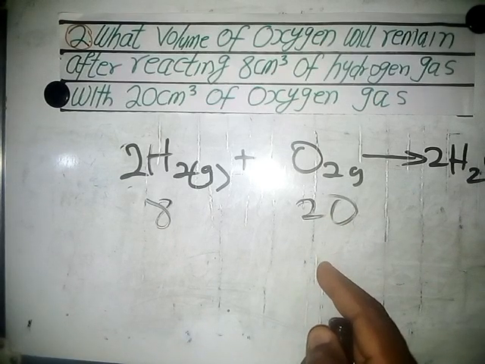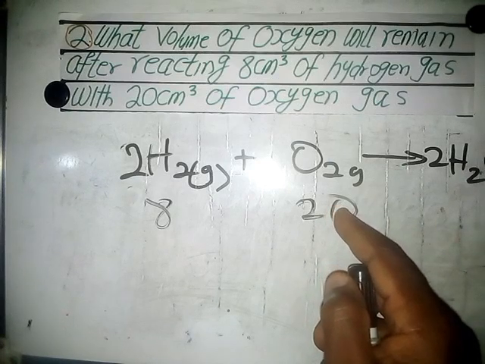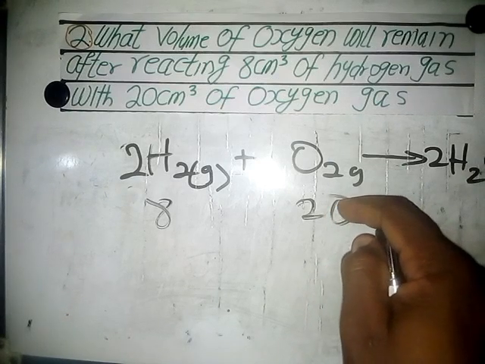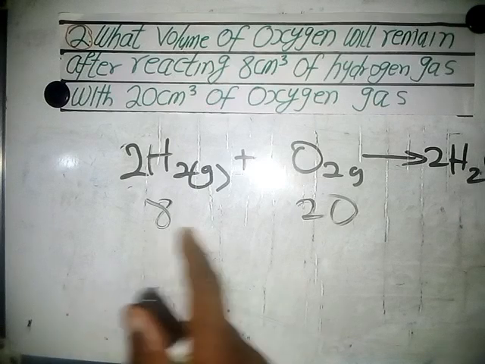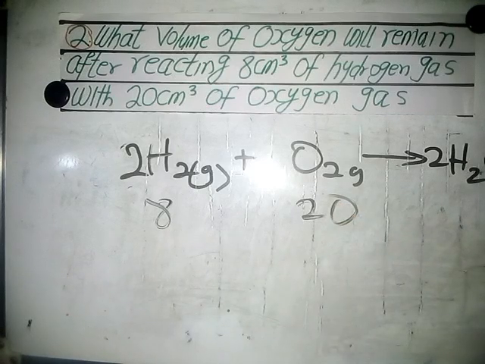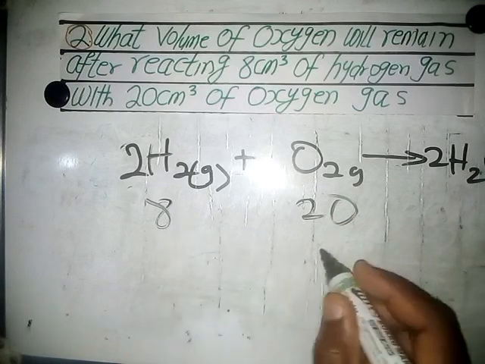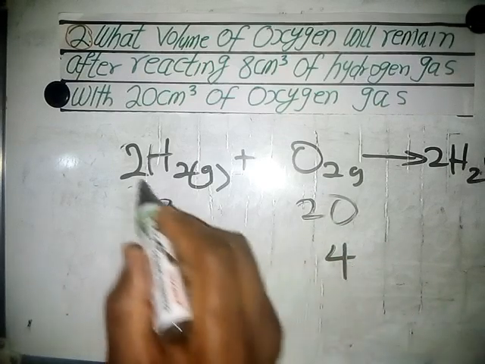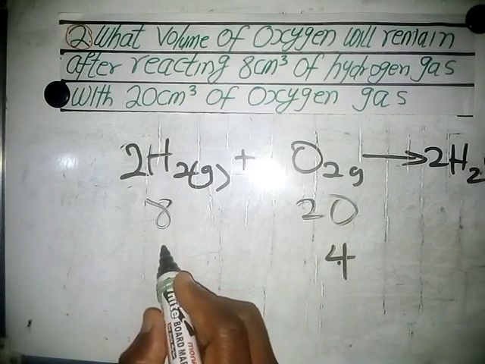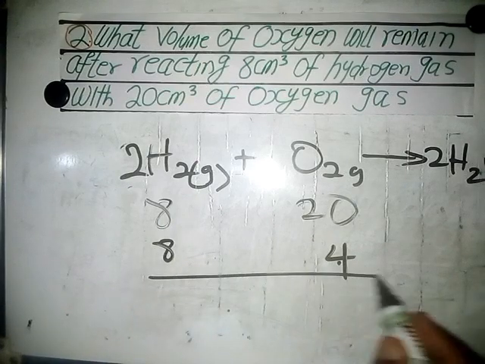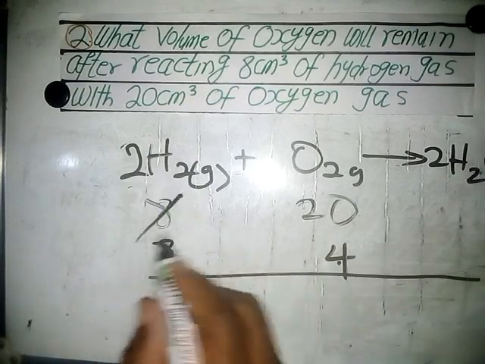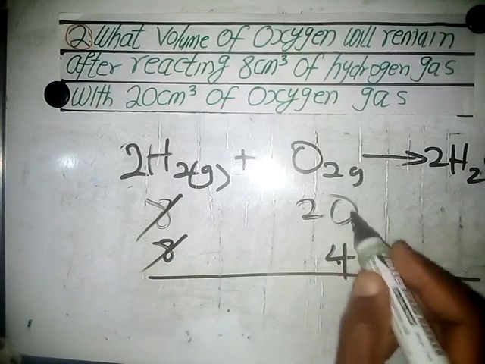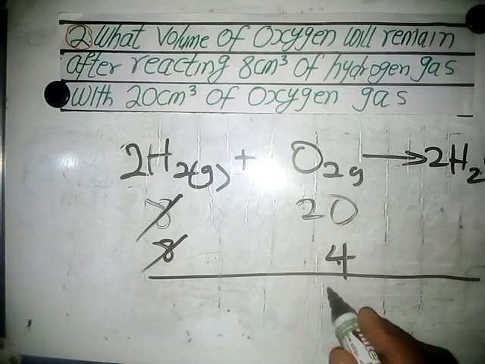But if the 4 was more than the value that is here, I'll bring this same value down. In this case, 4 is less than 20, so I'll put 4 here. Remember, half of what is here, I will put here. Then 2 times 4, 8. So this one goes 20 minus 4, I'm getting 16.